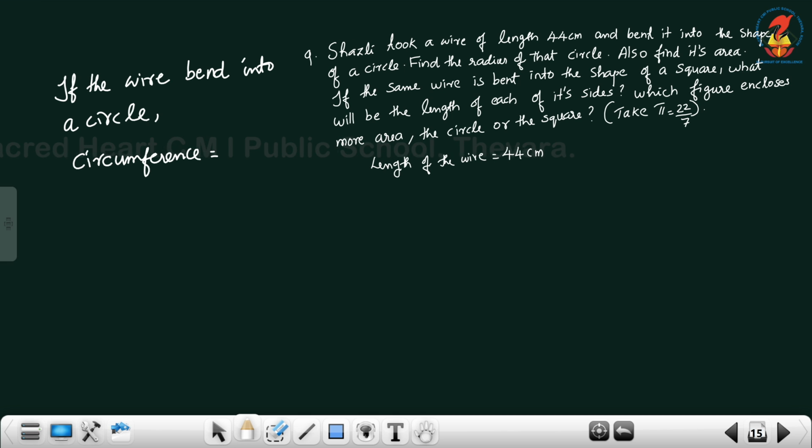Circumference equal to length of the wire, that is equal to 44 centimeter. What is the formula to find the circumference? 2 pi r. 2 pi r equal to 44 centimeter.